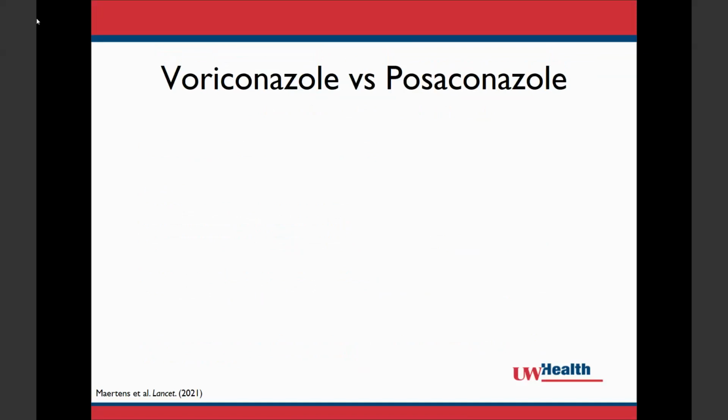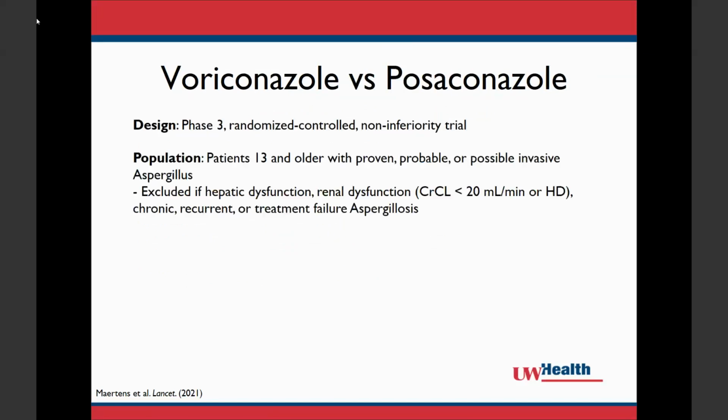And then the last comparison between the antifungals is Voriconazole versus Posaconazole. Very similar design, another non-inferiority trial in patients with proven, probable, or possible Aspergillus. And same exclusion criteria, but with slightly different renal cutoffs.